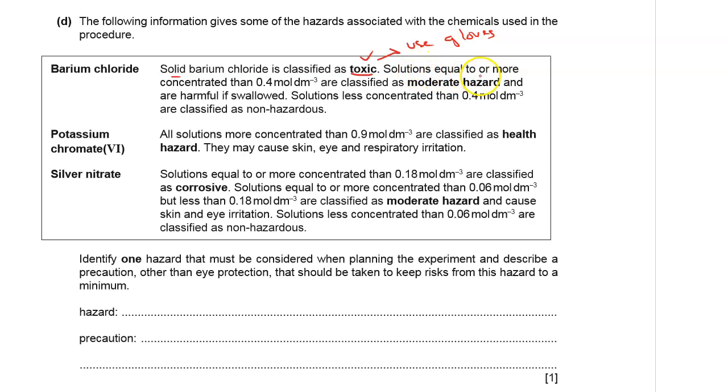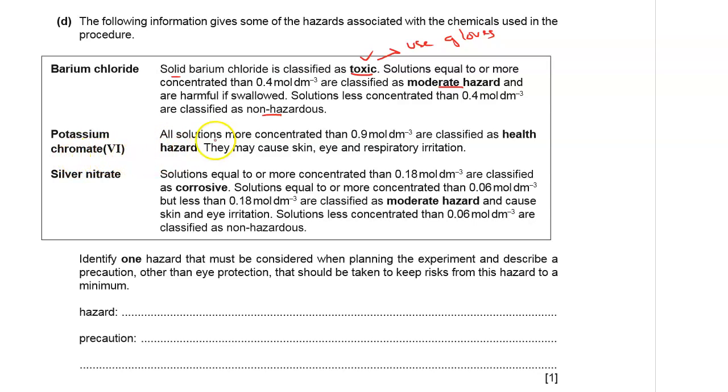Solutions equal to or more concentrated than 0.4 moles per liter are classified as moderate hazards, and are harmful if swallowed. Solutions less than 0.4 moles per liter are classified as non-hazards.